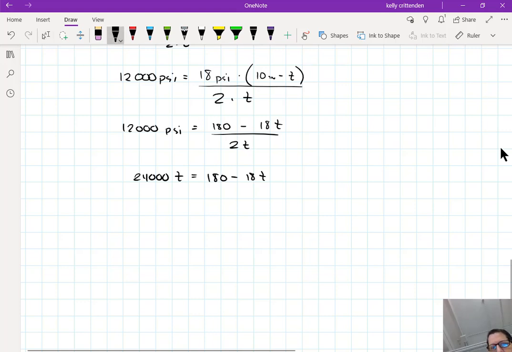Putting the minus T in that numerator really doesn't make a whole lot of difference, but it does technically make some difference. Oh yeah, I do need to add it. I don't want to subtract it. Still doesn't make a big difference, but it does make a difference. Therefore, T is equal to 180 divided by 24,018.